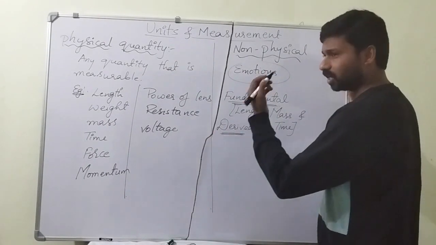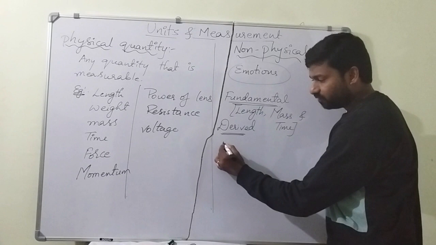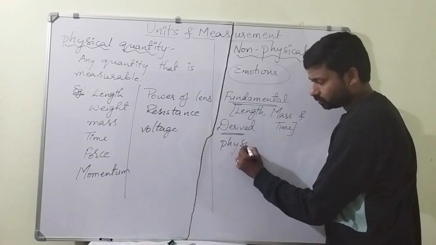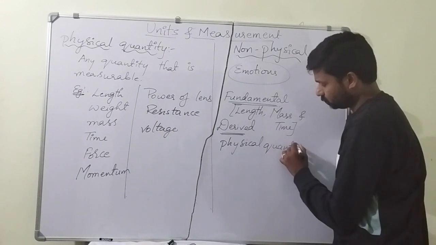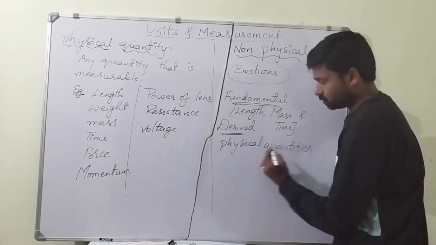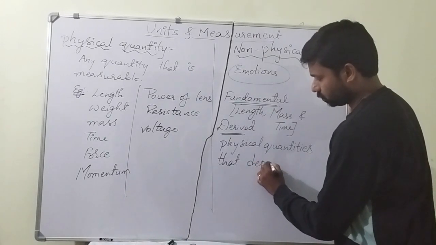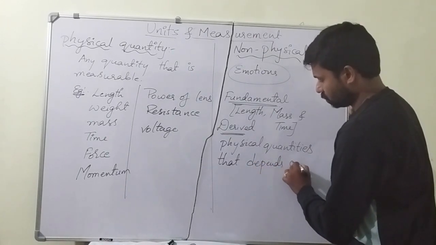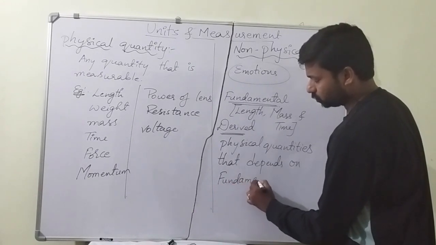Next, what is meant by derived physical quantities? Derived physical quantities means the physical quantities that depend on fundamental quantities.